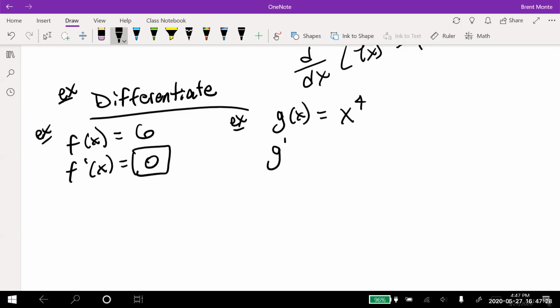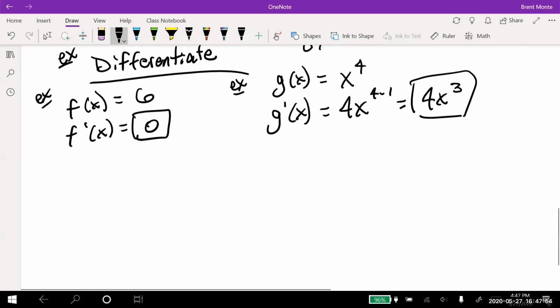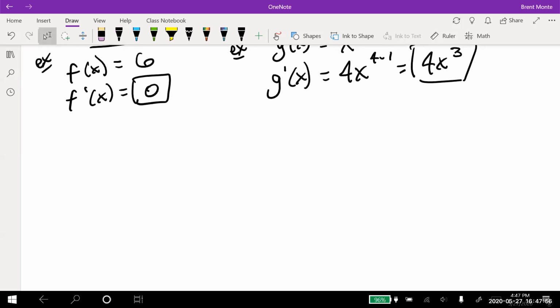The derivative of that, I'm just going to bring that power down, drop the power by 1, and so I get 4x to the 3rd. And then that's my derivative. So it's very quick. Again, you can probably do that in your head. I wrote down the 4 minus 1 so you knew where the 3 came from, but obviously you can do that in your head. So that was the second rule we saw.